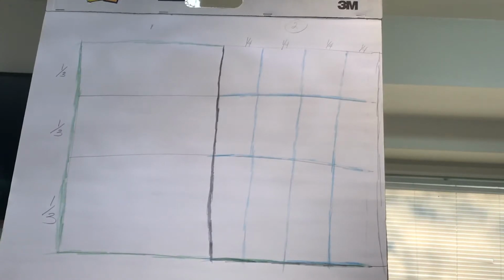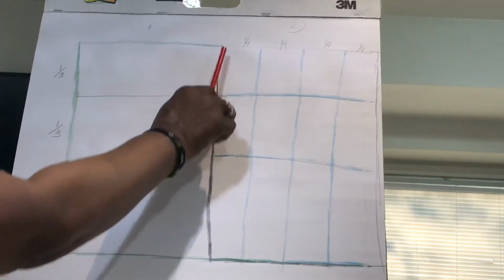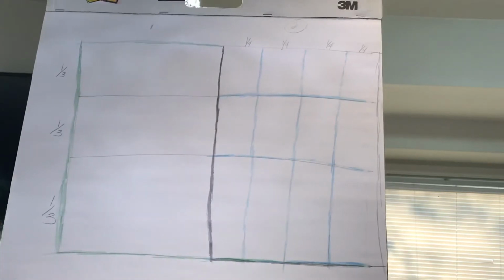1 3/4. So in order to get 1 3/4, I'm going to have to do two rectangles, because 1 3/4 is greater than 1, but not 2 wholes.